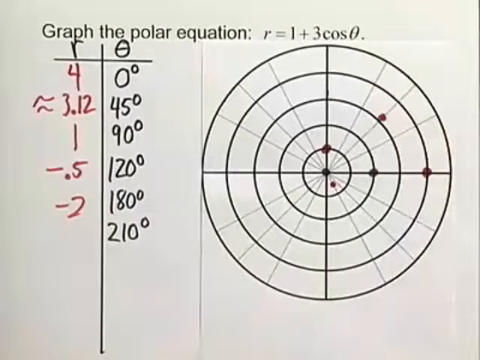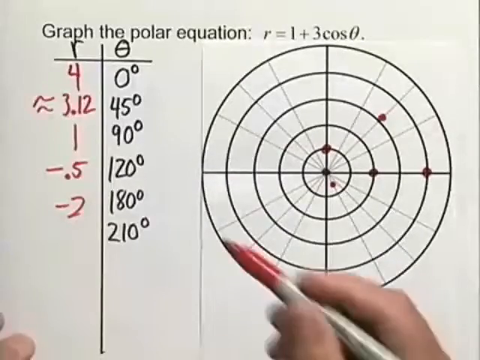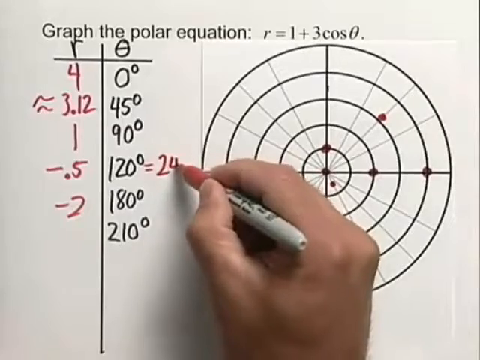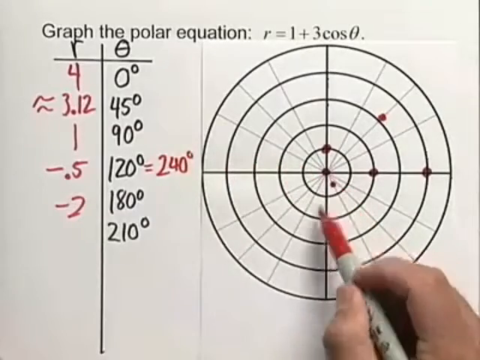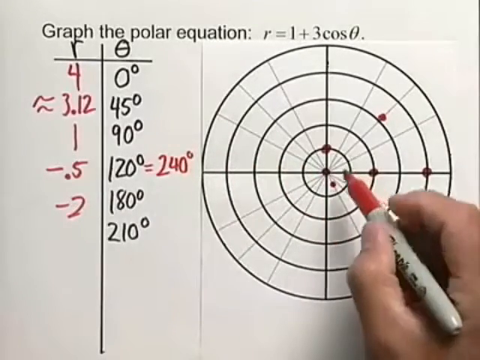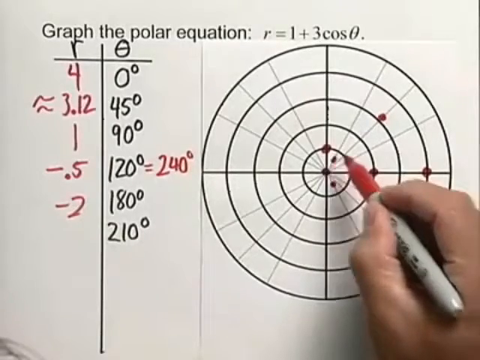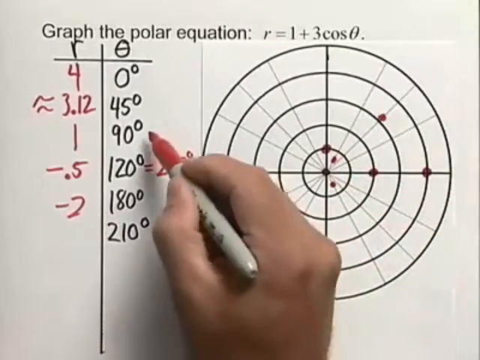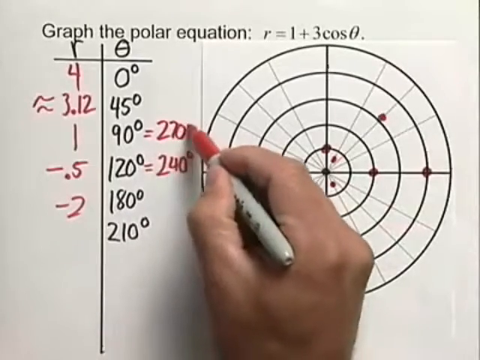Using the fact that the cosine is an even function, we're good to go here, so we can plug in some other values. 120 then relates to 240 degrees. So when we're looking at 240 degrees, we're at negative 0.5, so that's right in here, and you can see the symmetry across that axis. In a similar fashion, 90 relates to 270.